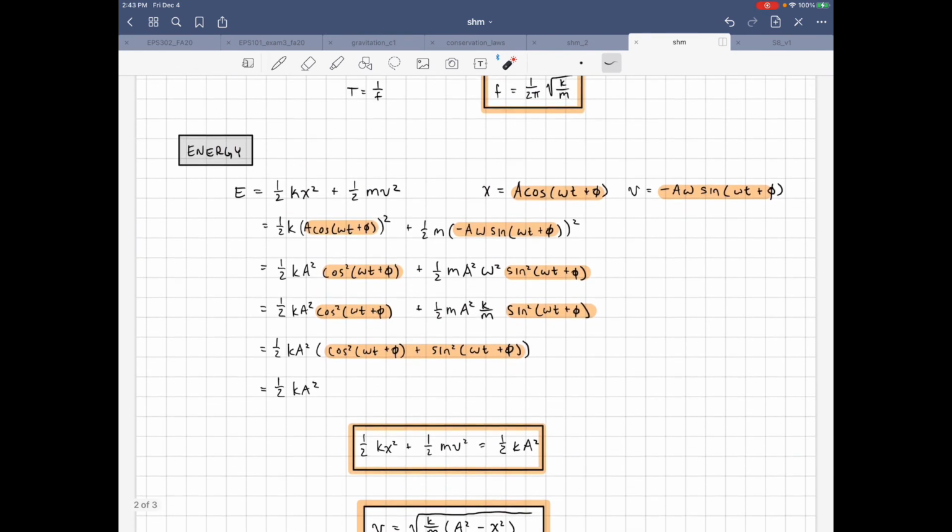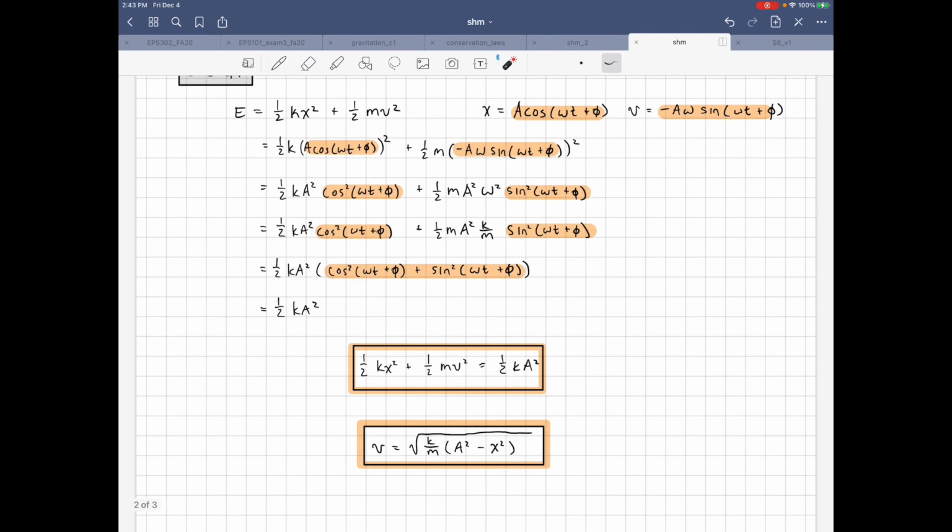This is the total energy at any time, right? At any time t, what's the position, what's the velocity? And as we plugged in the values and moved things around, we got that the total energy at any time, doesn't matter when, is just equal to 1/2 kA squared. Those are all constants. So the total energy, and this shouldn't be surprising, the total energy of the system is constant.